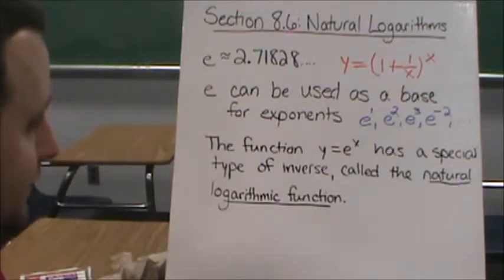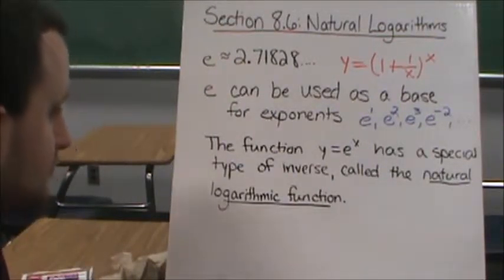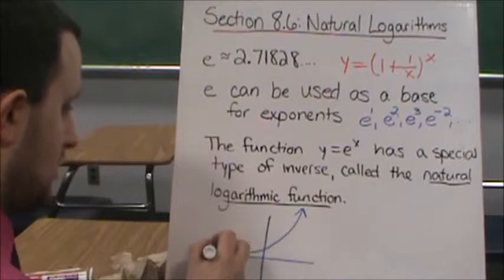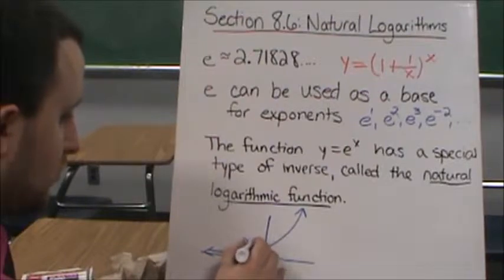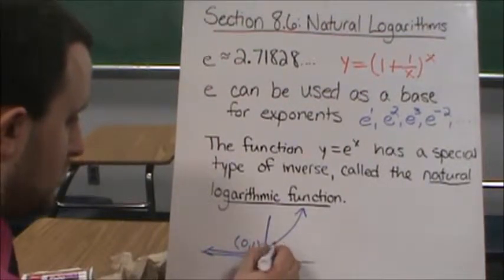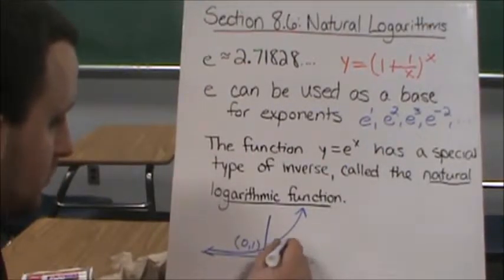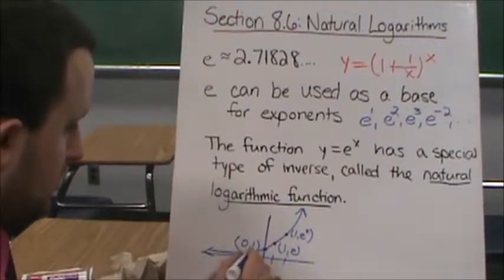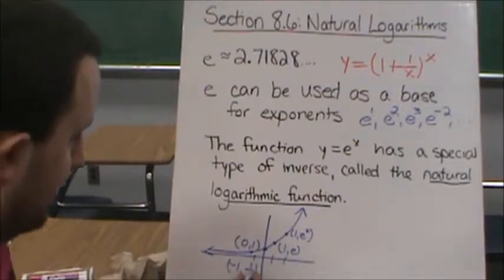And that graph will look something like that, where we have the point 0, 1, and the point 1, e, e squared, and that point right there would be negative 1 over e, and so forth.